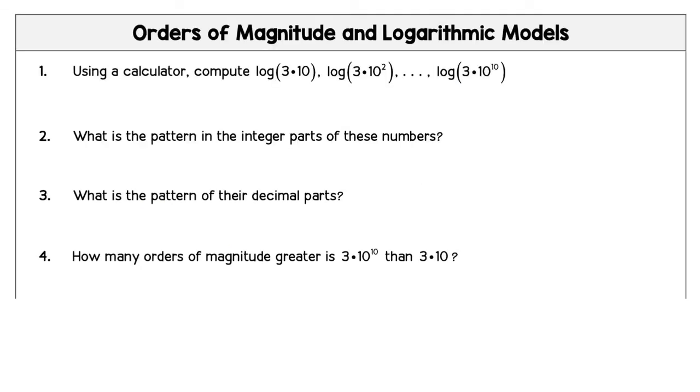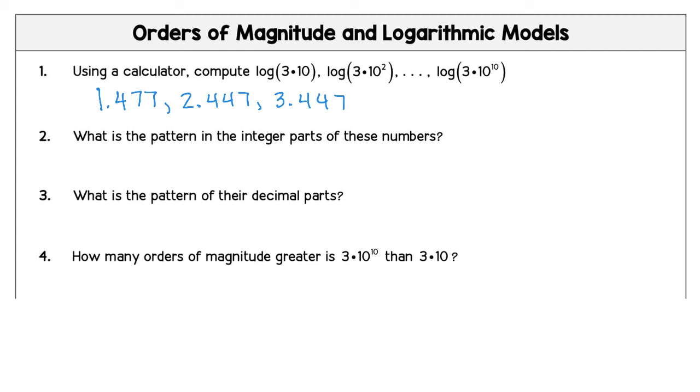All right, so let's look at the orders of magnitude and logarithmic models. So in our calculators, whenever we go through and do these, with your calculator, you should get 1.477, 2.477, the next one, 3.477.